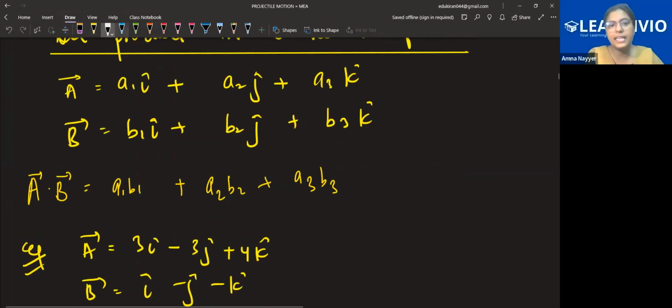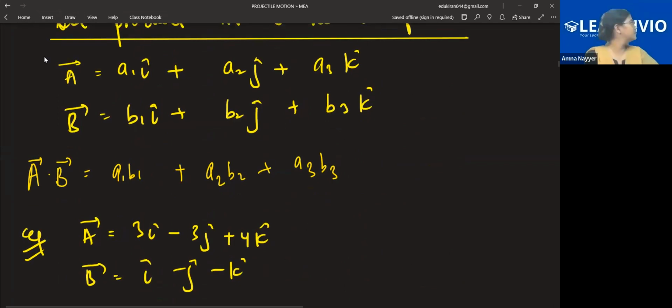Now how do you have to solve the dot product? When you have two vectors written in the Cartesian form, like this, what we do is multiply the same coefficients. Like we'll be multiplying the coefficients of i cap together. See, A1 from here gets multiplied by B1.